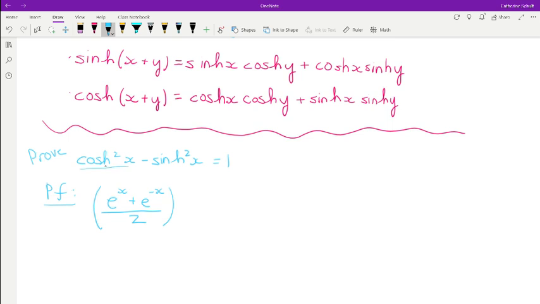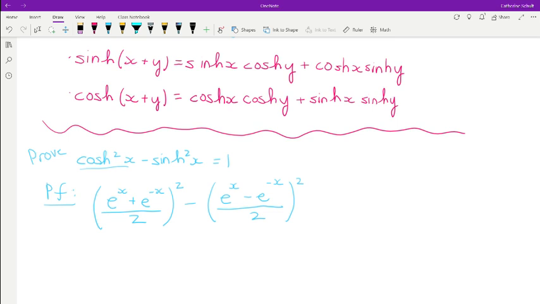That's what the hyperbolic cosine is. Then we're going to square it. And then the hyperbolic sine, we go back to the exponential definition. Okay, we're not allowed to show this part yet, but we want to show that this whole thing is equal to 1.